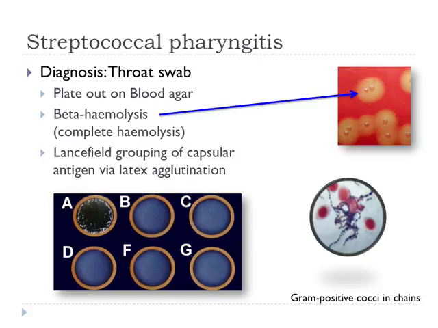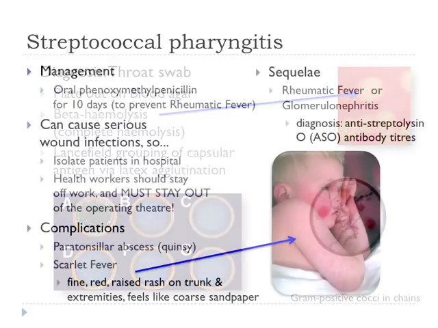Once we've got these pure colonies growing, we can type them on the basis of their capsular antigen, and commonly this is done using little latex beads that have been coated with antibodies, and you gently rock a suspension of the bacteria and the beads, and you'll get this kind of agglutination, what you can see here. Also there's just a picture of what streptococci look like. They are gram-positive cocci that typically form chains when we see them down the microscope. So just adding a little bit of microbiology to the talk.